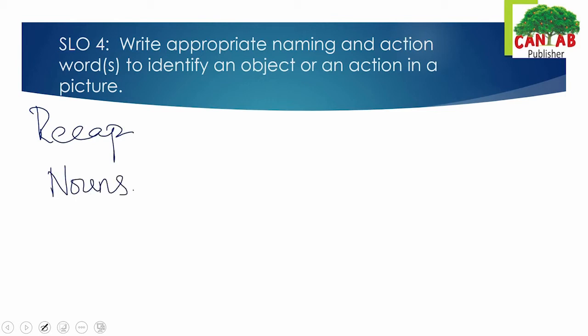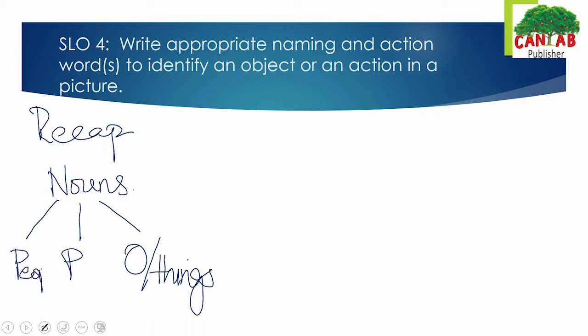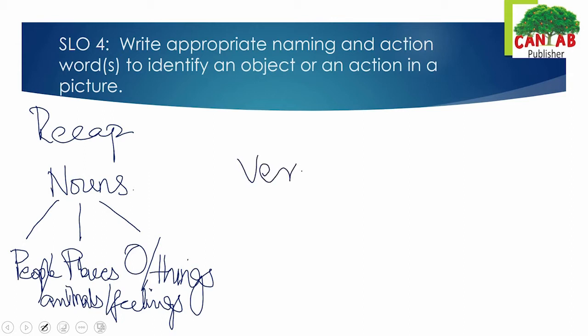Nouns are people, places, objects or things. People, places, could be animals or feelings. Verbs are the actions which are happening with the noun.